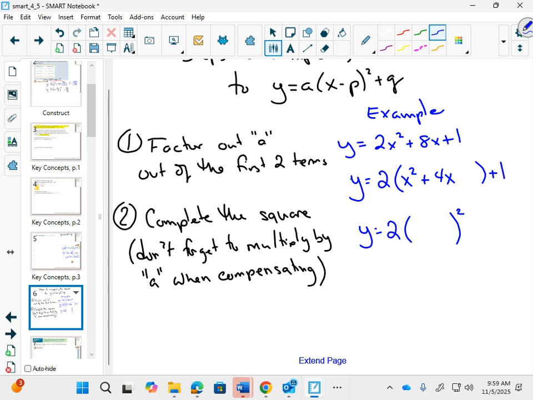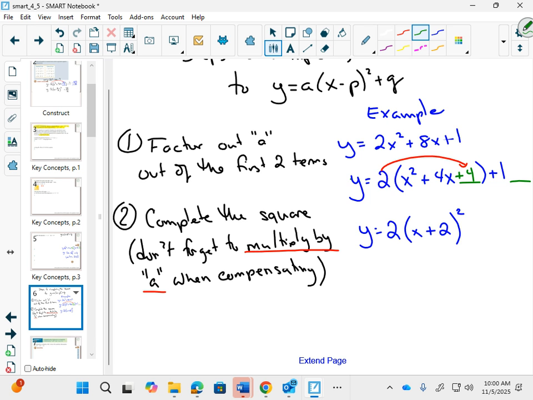We want this to be something squared. So we would need a number here, and we would need a space there. The plus 4x gives us the hint that this has to be a plus 2. If that's a plus 2, this first space is a plus 4. The second space is where you compensate. If you add 4, normally you have to take away 4. But it says here, don't forget to multiply by a. That's this part. I'll underline it in red.